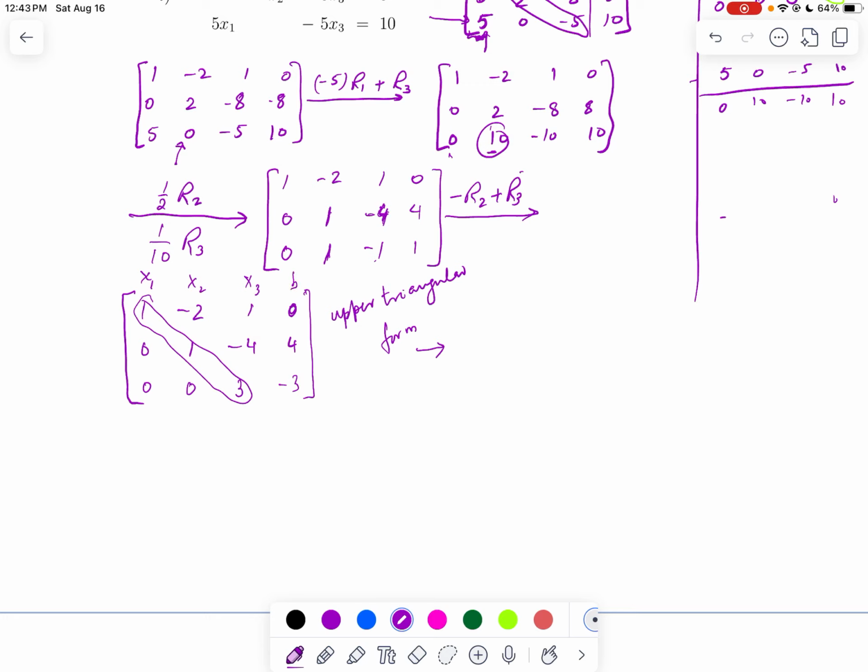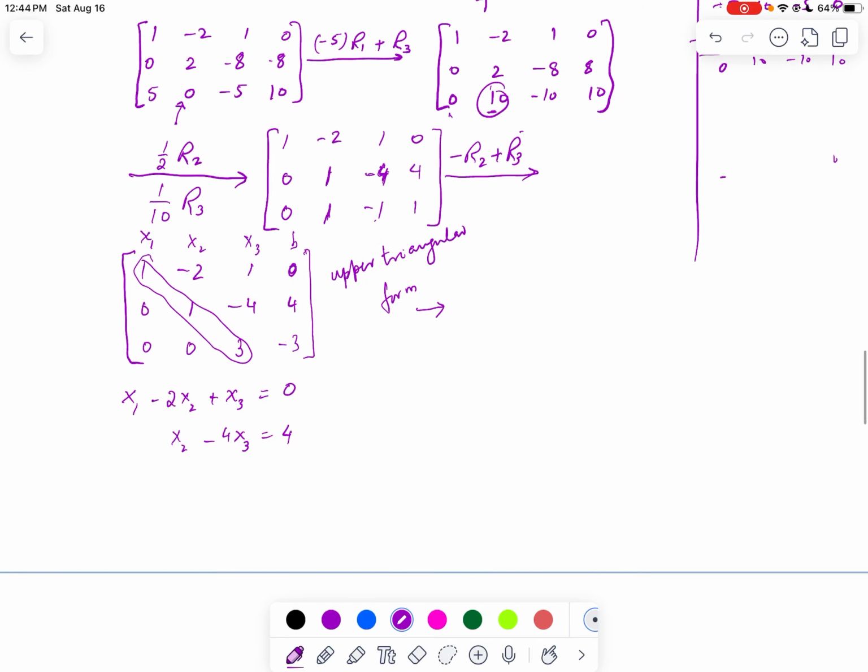So first row gives us the first equation, x1 minus 2x2 plus x3 equals 0. The second equation gives me x2 minus 4x3 is equal to 4. And the last row gives me 3x3 equals negative 3.